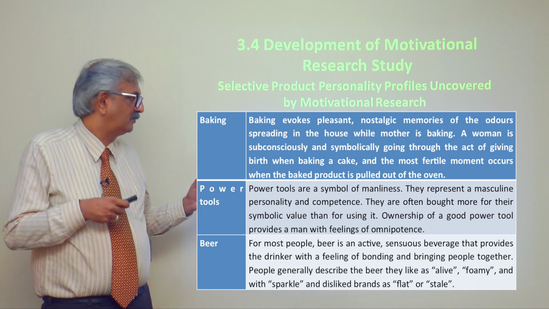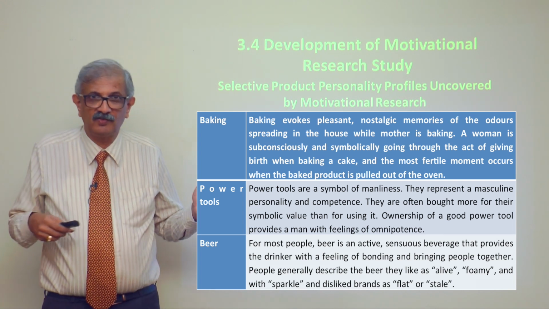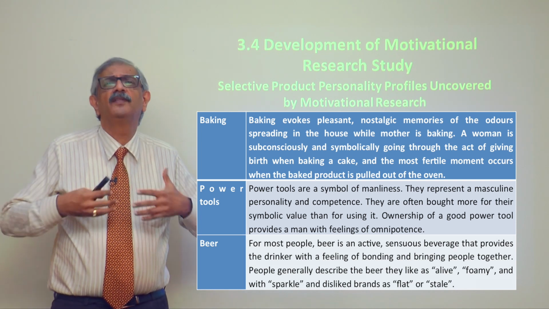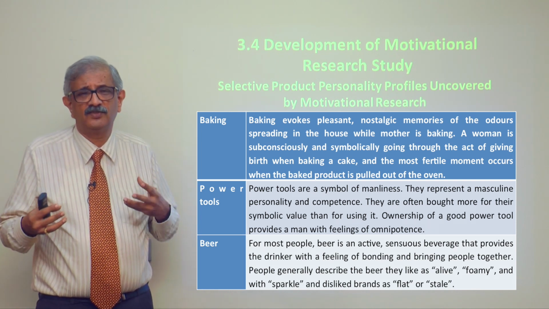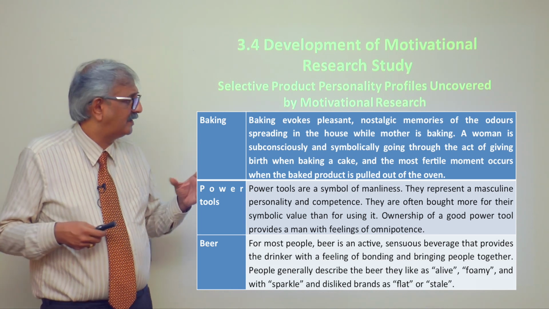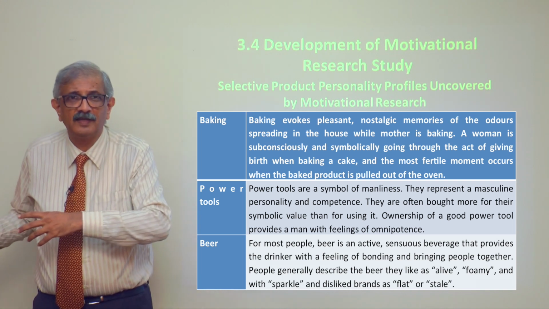So you see how the baking condition is linked with baby products. While baking is happening, there are the aroma, the feeling, nostalgia, etc. They have linked that with the fertile moment occurring, and then the birth of a baby is shown equivalent to pulling out of the cake.